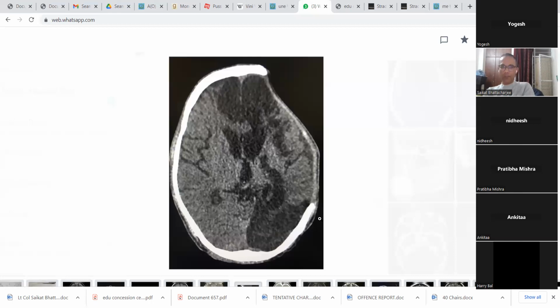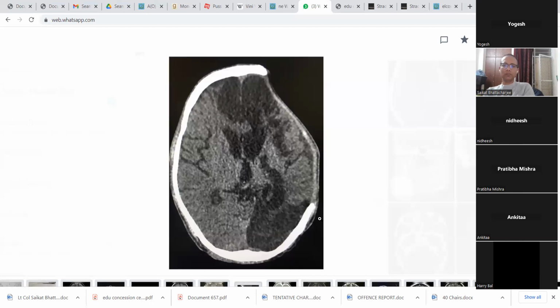Sir, area of encephalomalacia noted in bilateral frontal lobes and the left occipital lobe with extra-axial dilatation and left fronto-parietal craniectomy status.